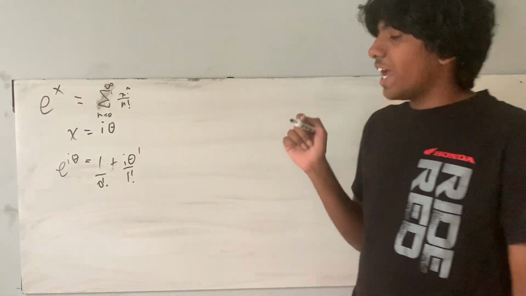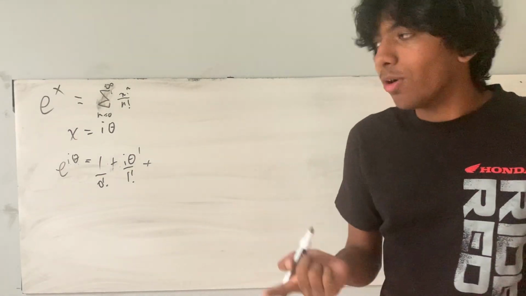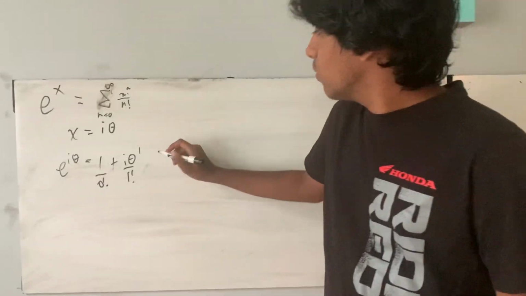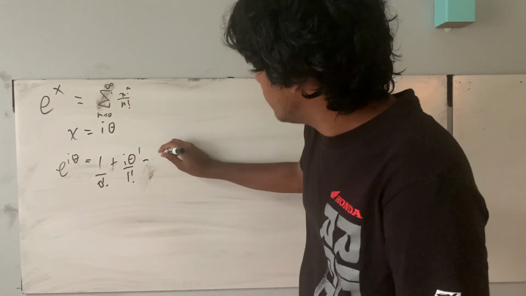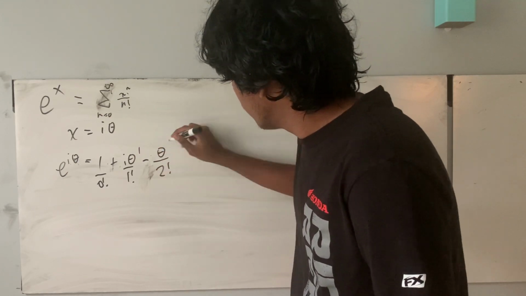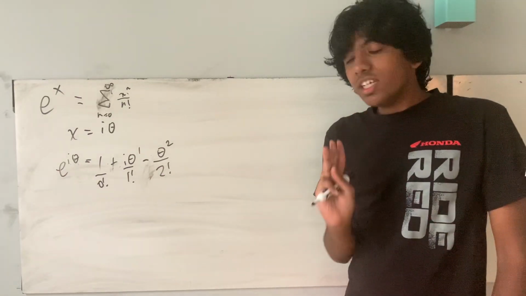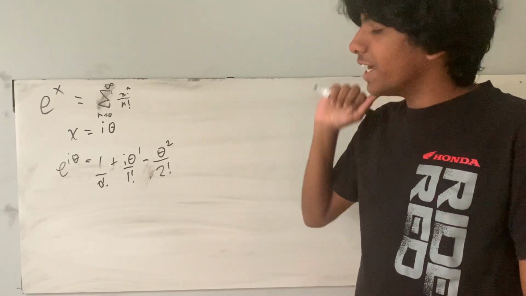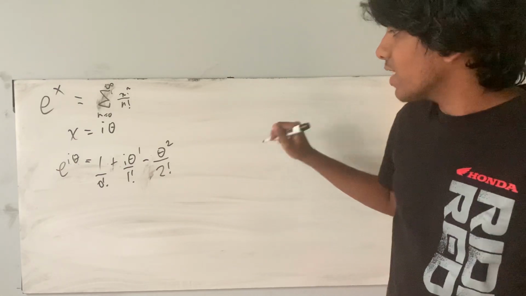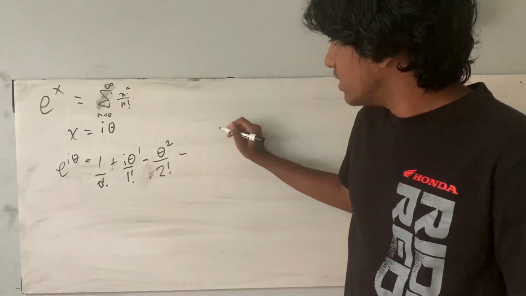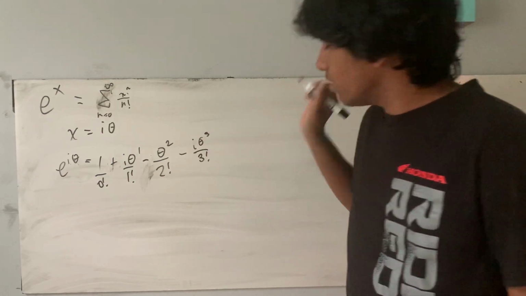So now let's do n equals 1, plus i theta over 1 factorial. Now n equals 2, i squared is negative 1, so we actually don't have a plus here. We have a minus theta squared divided by 2 factorial, because we're squaring everything now. Now n equals 3, i cubed is negative i, so we have a minus i theta cubed over 3 factorial.